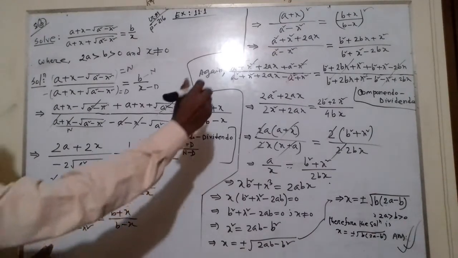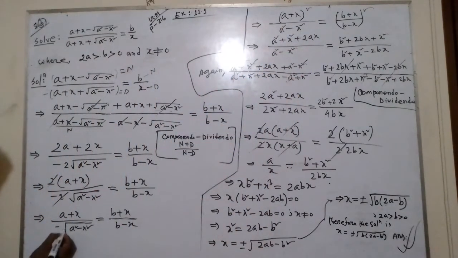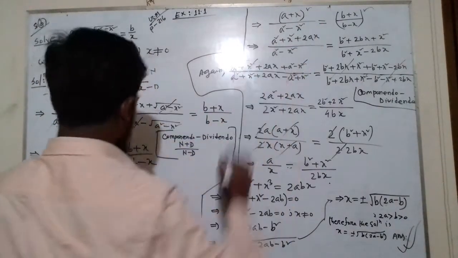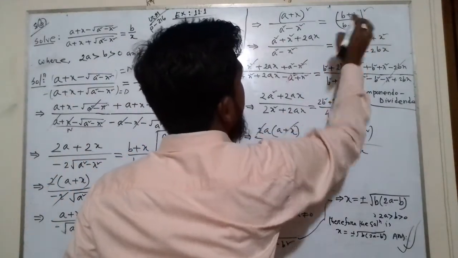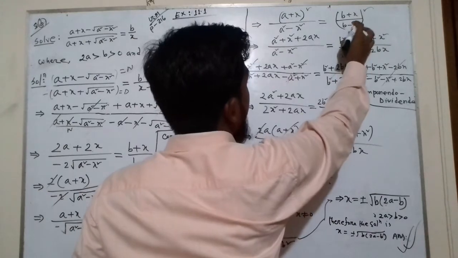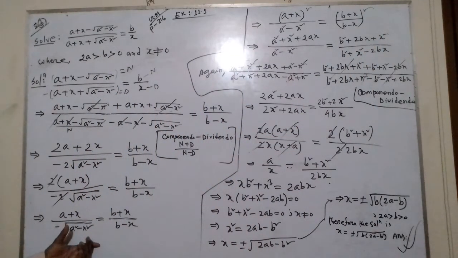Look, a plus x whole square divided by minus root over, the root is cancelled by squaring. So we can write a square minus x square equal to b plus x whole square divided by b minus x whole square. Both sides squaring of this equation.